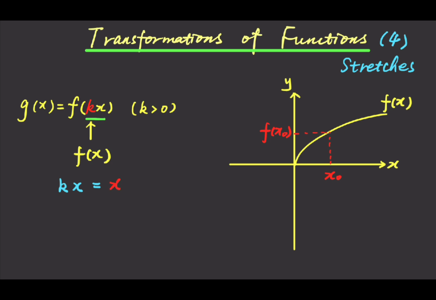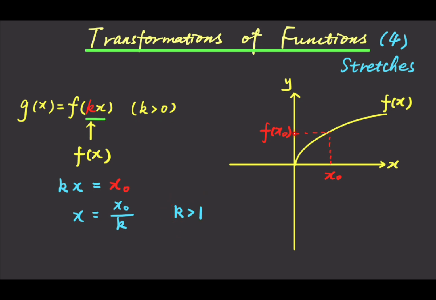So kx equals x0, so x equals x0 over k. Now we need to divide the situation into two situations. You should not forget k should be a positive number. So first we consider k greater than 1.